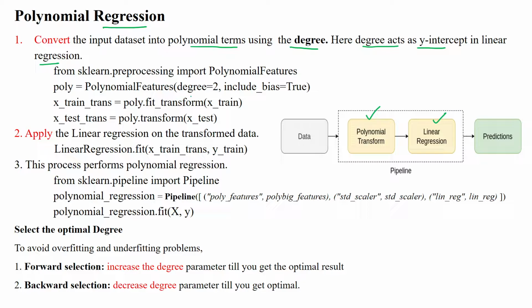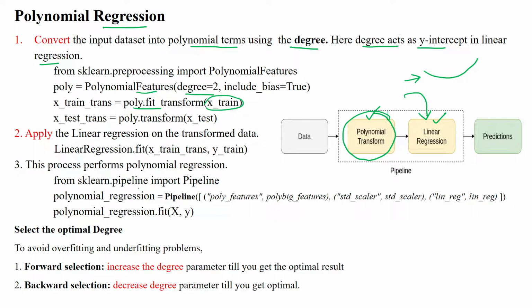So first we define the degree for the given equation to create the polynomial features. Then we transform the training samples into polynomial features. After transforming, we apply the transformed polynomial features to linear regression. So here the linear regression will create the decision boundary for polynomial features.